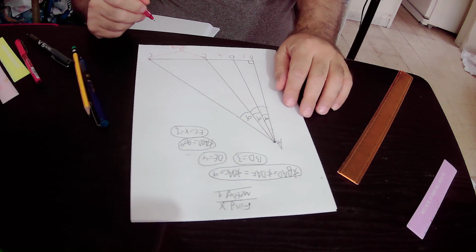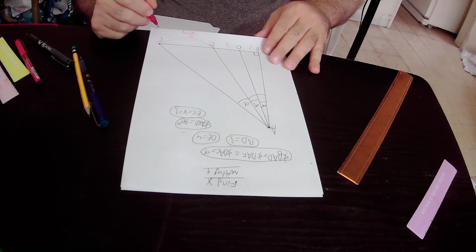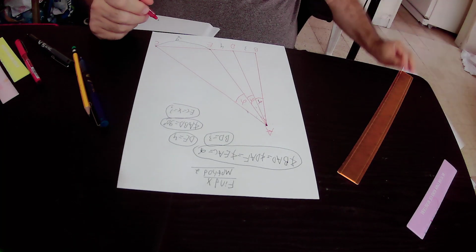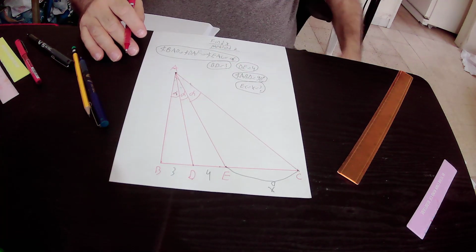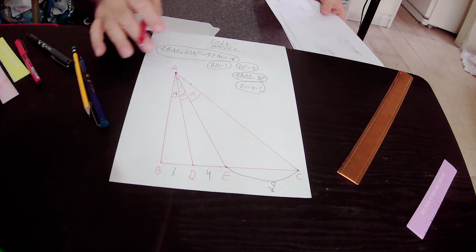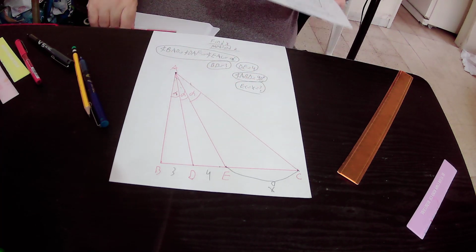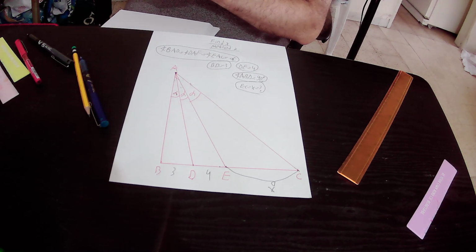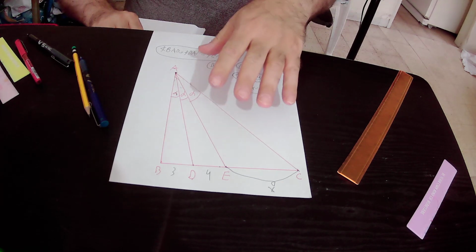Okay, so we finished with method 1, with the first method. In the next step, I will present to you the second method. We will find out the value of x in the second method, and we will do here a construction.